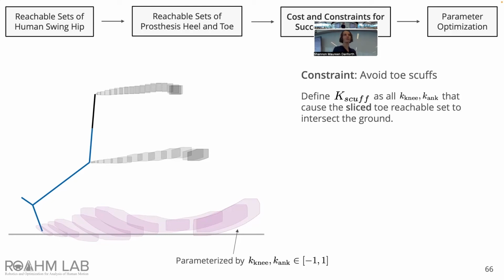And our constraint during optimization is going to be to avoid those k values. Note, again, I've been doing this all for an elevating trial, but for delayed lowering and lowering, the toe actually contacts the ground first as the foot moves behind the body. So we want to avoid heel scuffs as we're doing that toe strike for those two strategies.